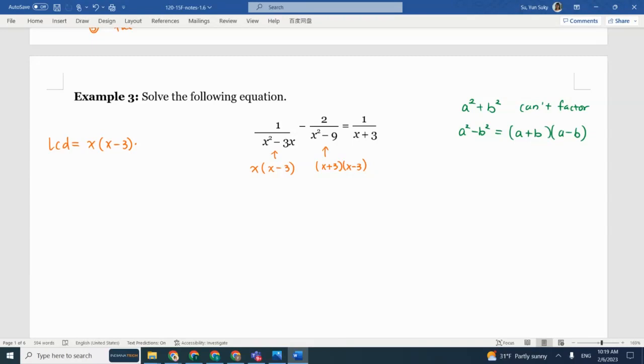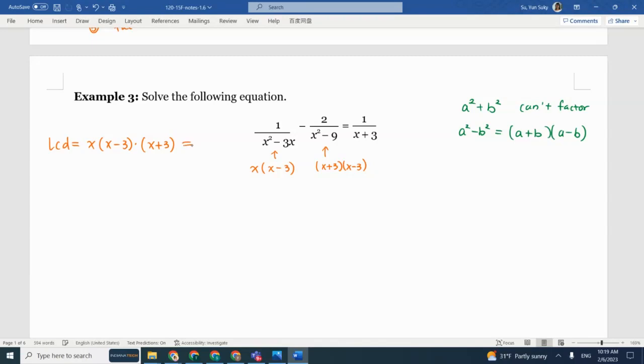We have x plus 3, so we write out x plus 3. Do you write out x minus 3 again? No, we already have x minus 3. That's why it's the least, the smallest common denominator. And x plus 3, we already have x plus 3. So this is the least common denominator.